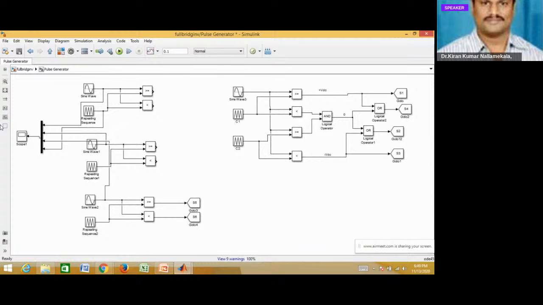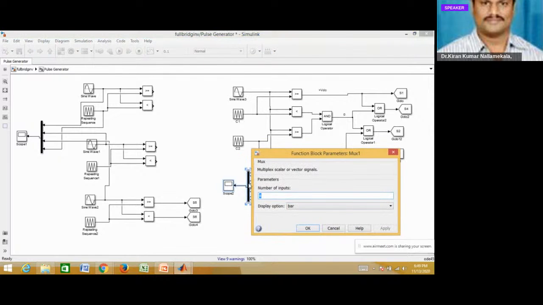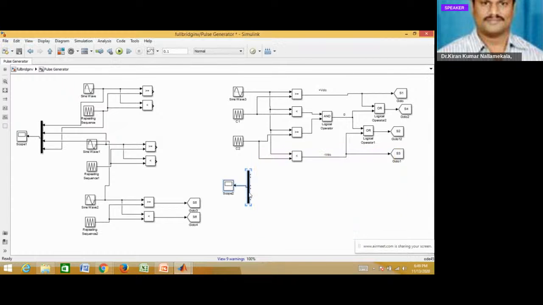So this is how we have to generate the gating signals. In order to see whether whatever we have given is correct or not, we'll take one sine wave and two carrier waves. So three signals are required. This is given to the sine wave, this is taken from the carrier wave, and this is taken from the second carrier wave C2, and then we will simulate.